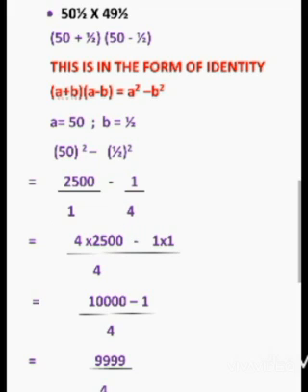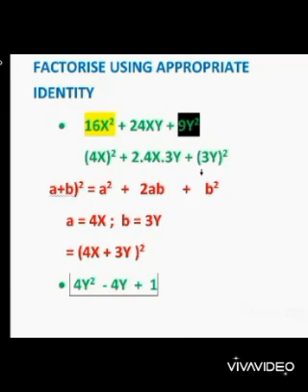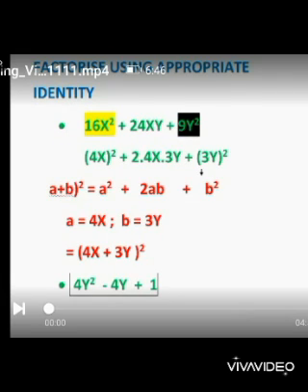The LCM will be 4. Now 1 times 4 is 4, into numerator 2500, minus 1 times 1 is 1, into numerator 1. Then 4 into 2500, how much will you get there? 10,000, minus 1 into 1 is 1, by 4. Now 10,000 minus 1 is how much? 9,999 by 4. Now let us see the next model children.